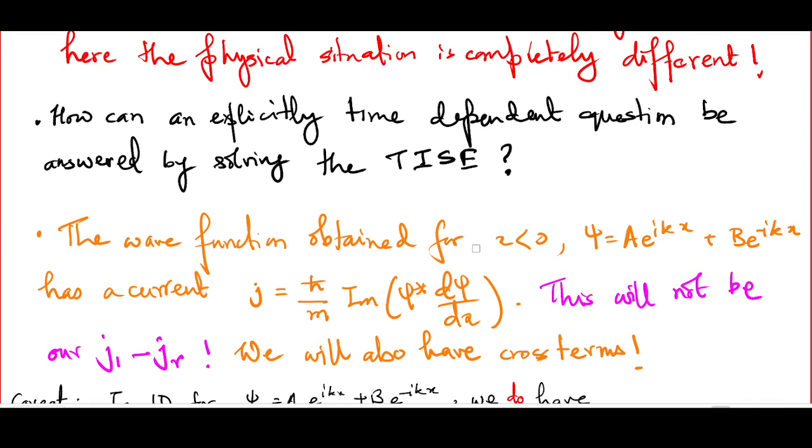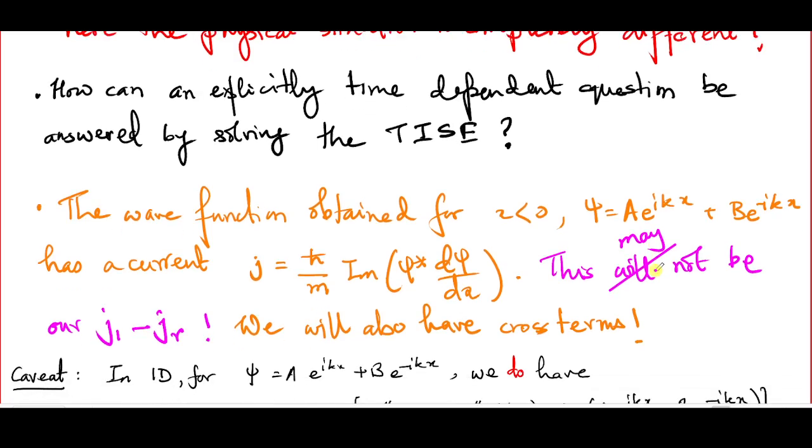And here we have not taken them into account. Strictly speaking, what I should have said here is may and not will, for a simple reason. It does turn out that in one dimension, and that is why we have a caveat here, this statement that I made just now is not perfectly precise.